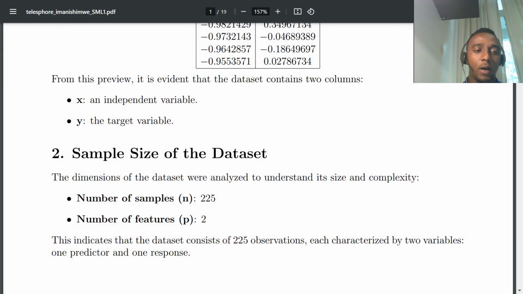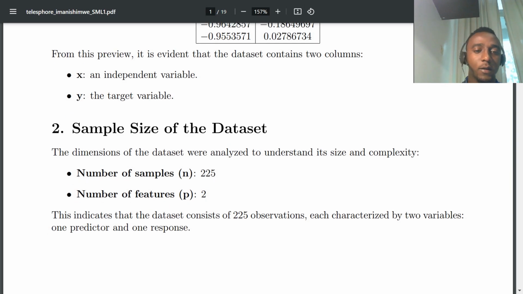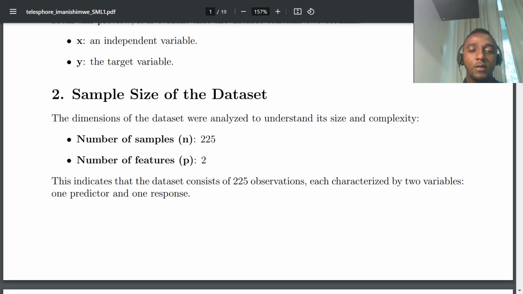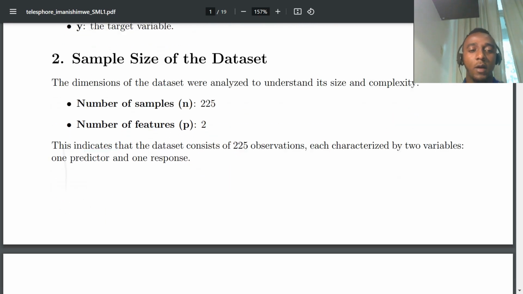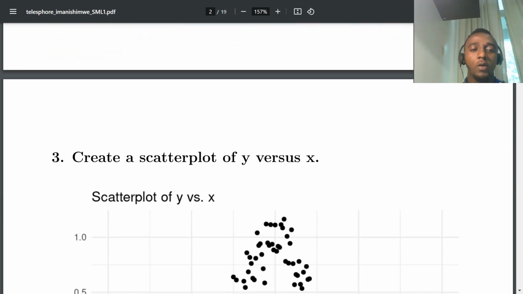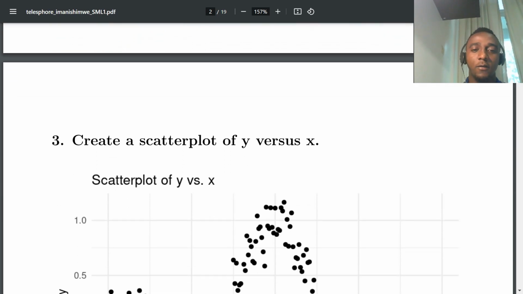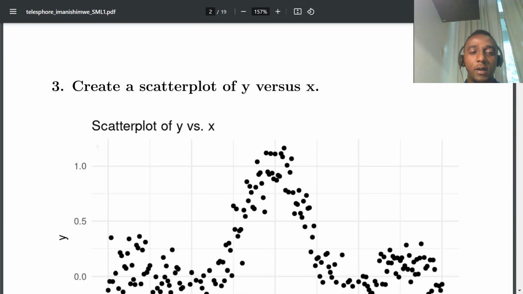And after, I checked the sample size of the dataset, where I found my dataset contains 225 observations and 2 variables. And after, I went to the scatter plot of those variables to check the linearity.